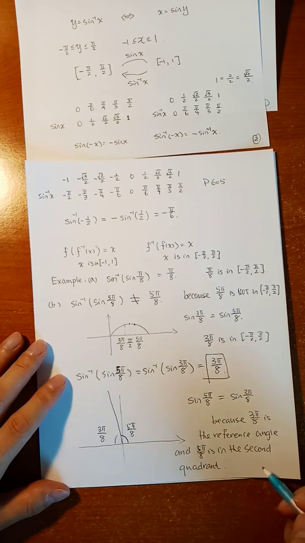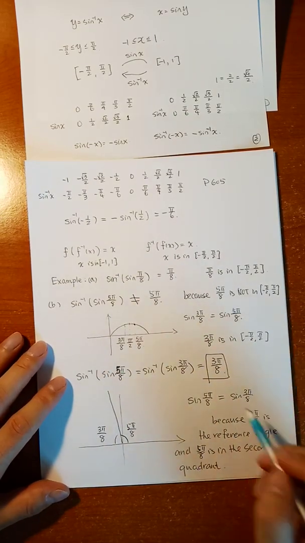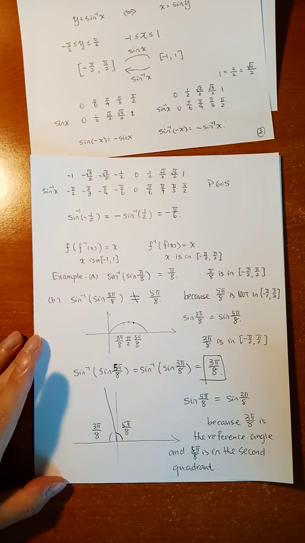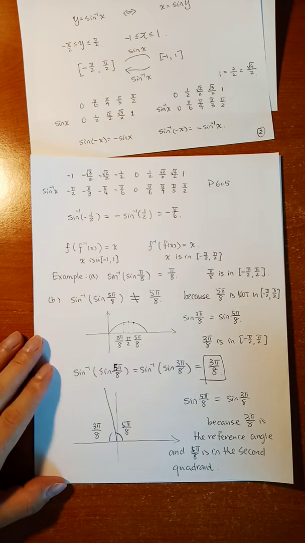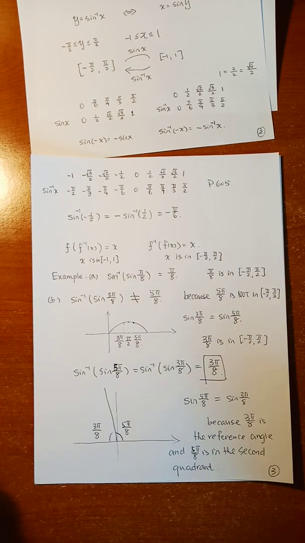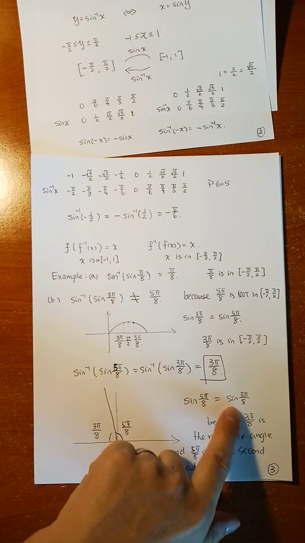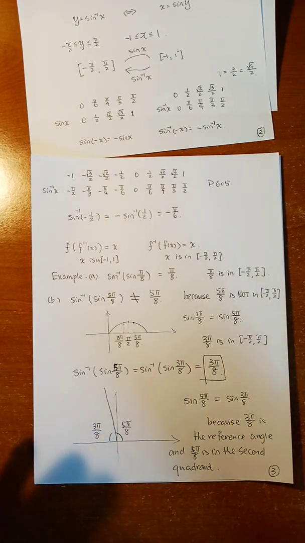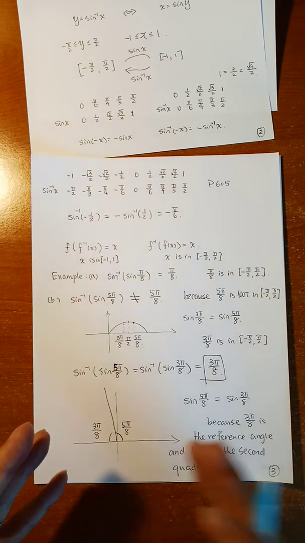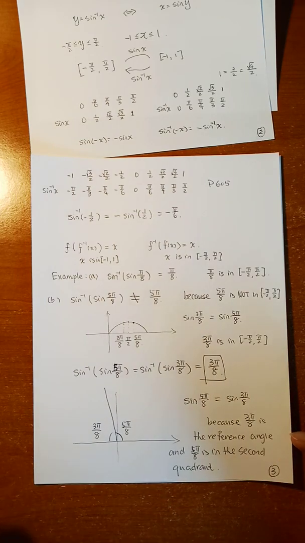The reference angle is always acute. Acute means it's between 0 and pi over 2, so that's good, right?